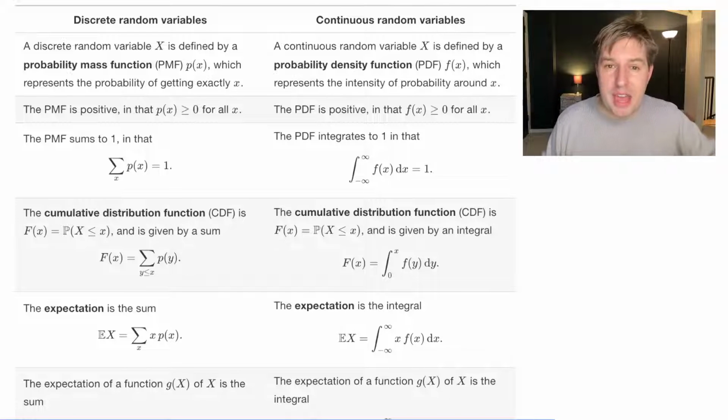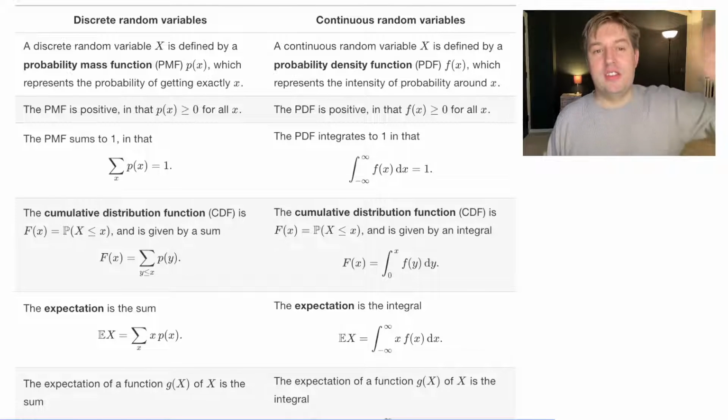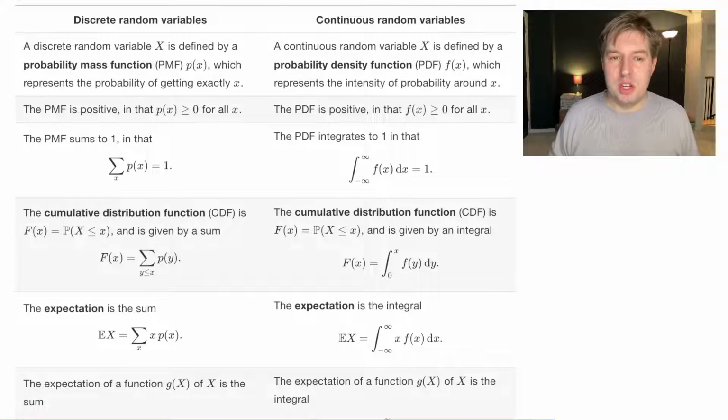If we want the probability X is at most x, we have to integrate the probability density function up to x. Slightly annoyingly, there's a typo on my slide here. The bottom limit of that integral should be minus infinity, not 0. By the time you read this in your notes, that will be correct. But in the notes, it correctly says that bottom limit is minus infinity up to x to get the probability of being less than or equal to x.